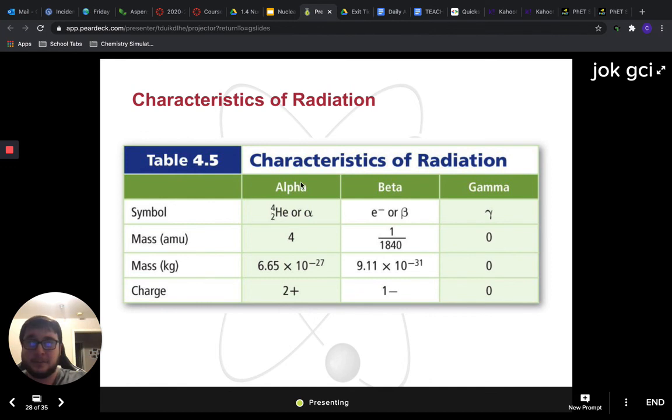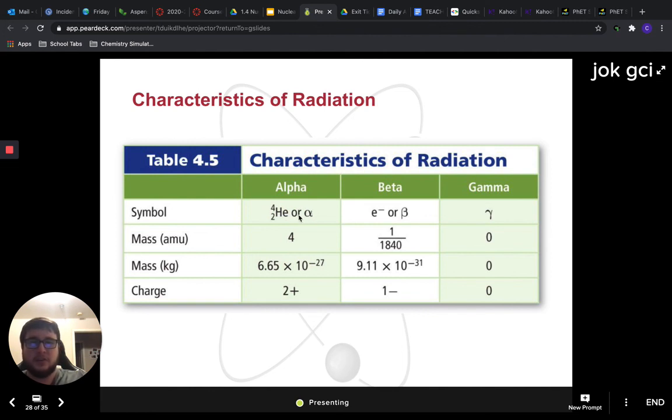All right, this table summarizes the three types of radiation. So we have alpha, beta, and gamma. Remember I talked about there were symbols for each of these? You can write alpha radiation one of two ways. You can write it as the helium nucleus notation right there. So it's a helium atom with a mass number of 4 and an atomic number of 2. Or you can write it like the Greek letter alpha.